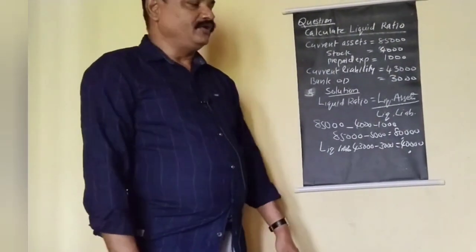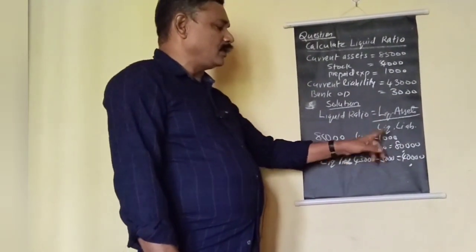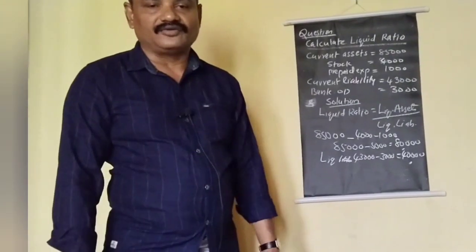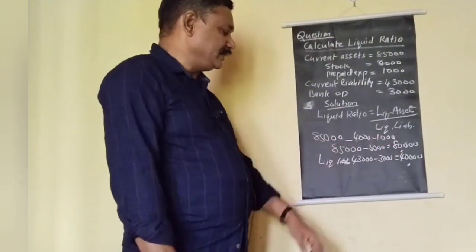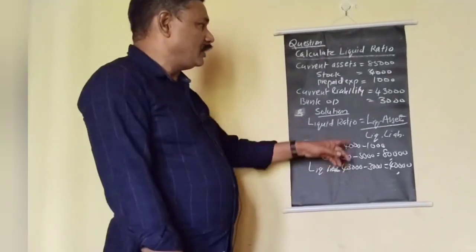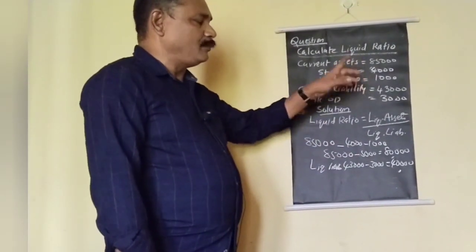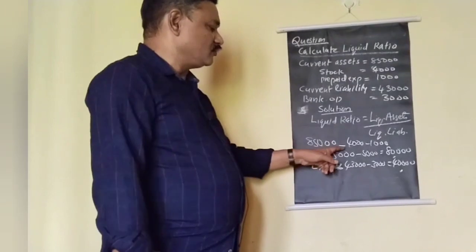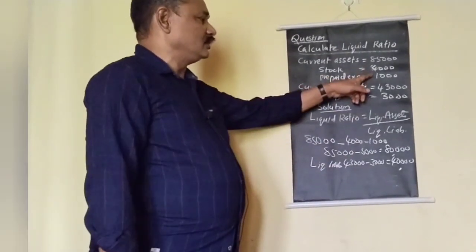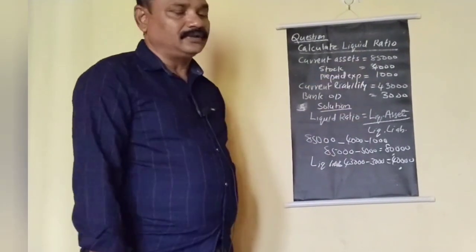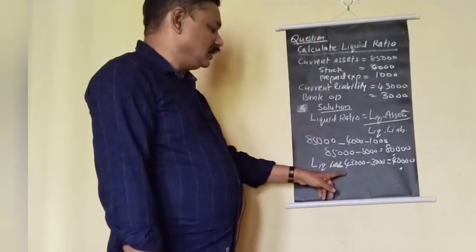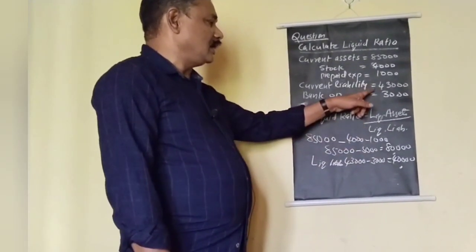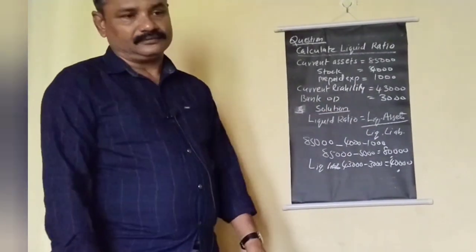Now we got the value of liquid assets. How much is the value of liquid assets, dear students? 80,000. How are we getting 80,000? We are given current assets, stock and prepaid expense, so we subtract stock and prepaid expense from the current assets total. Then liquid liabilities: current liabilities minus bank overdraft.